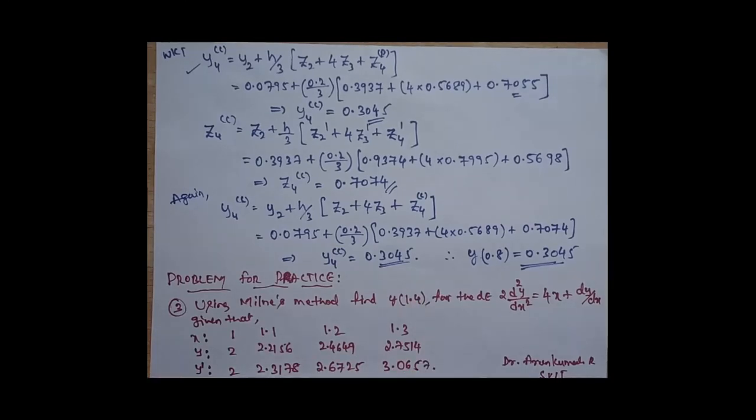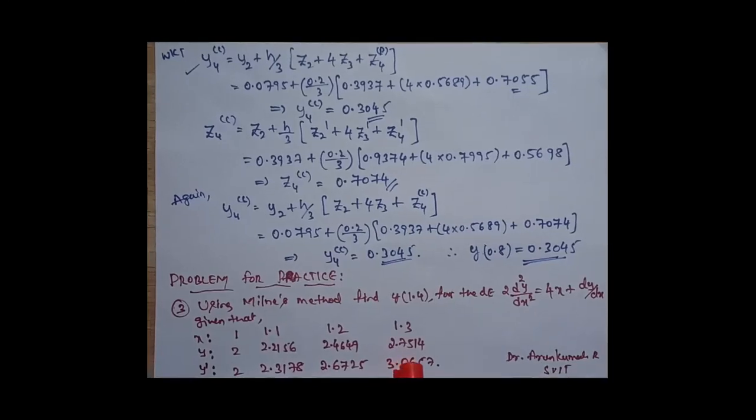Whatever we did in the first two problems, you can apply the same procedure and find the value of y at x equals 1.4 using Milne's predictor corrector method.